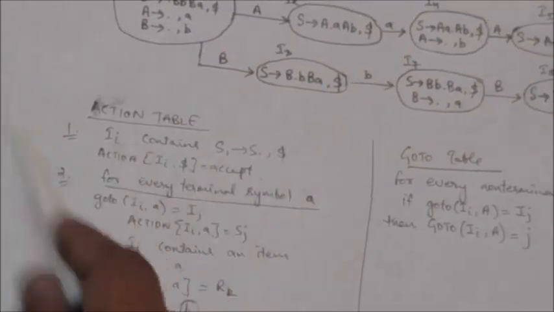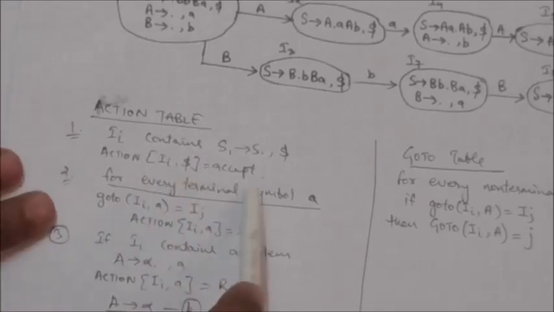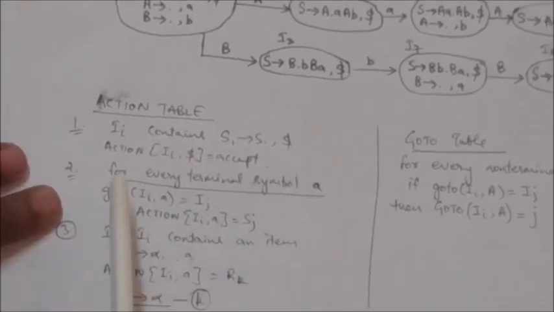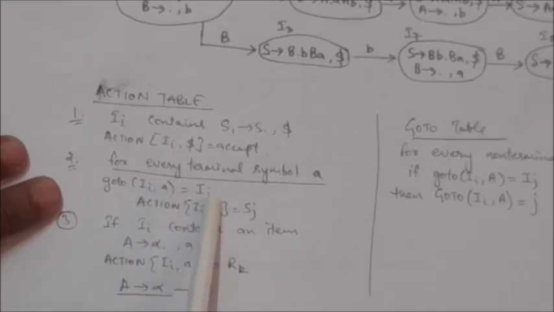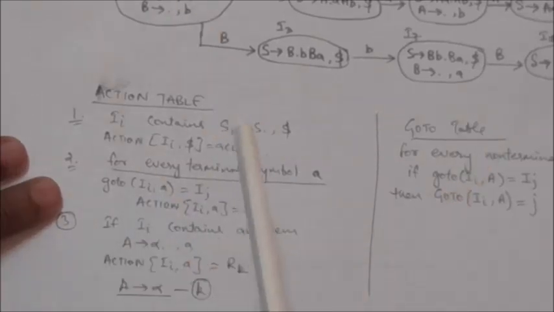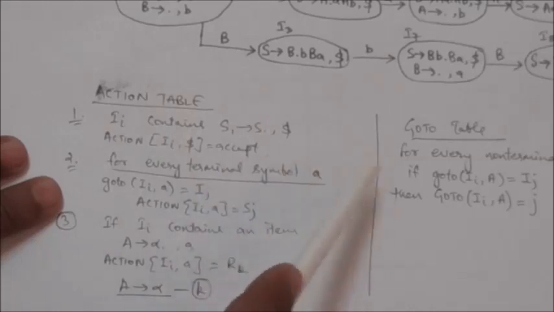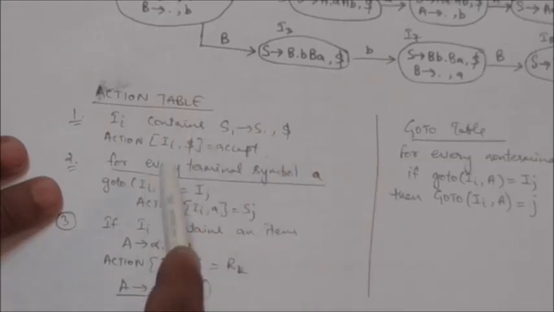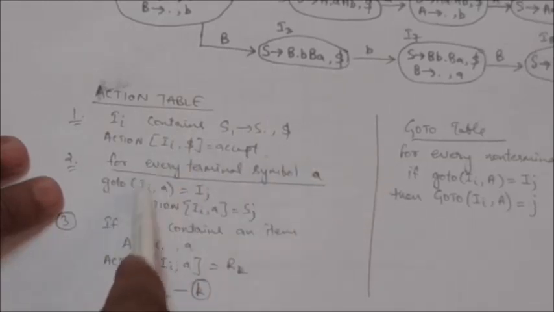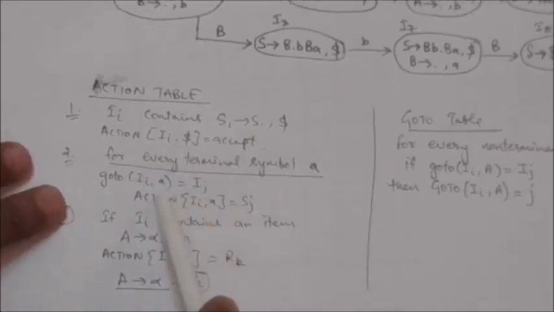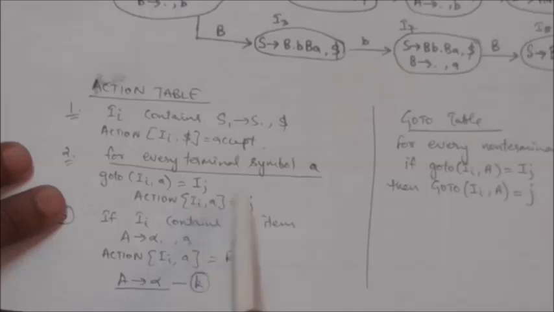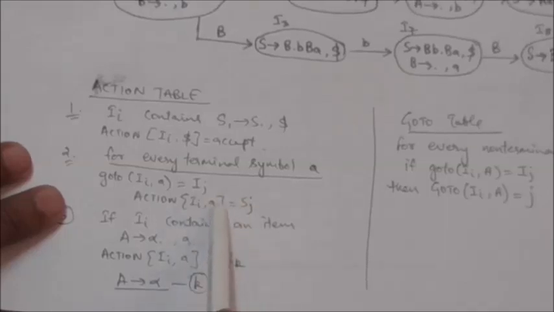Now see the second rule for filling this action table. For every terminal symbol A, if go to(I, A) is equal to J, it means if for any terminal symbol A, the DFA jumps from state Ii to state Ij, in that case, in the action table at the row labeled by Ii and column labeled by terminal symbol A, we will write Sj.